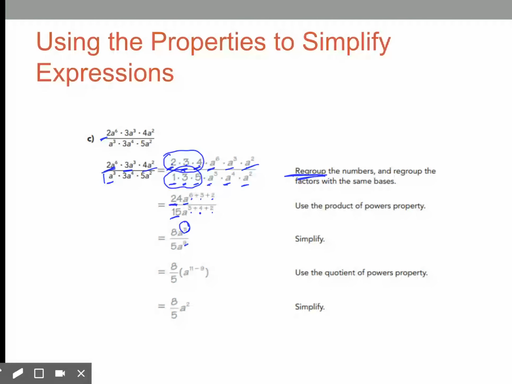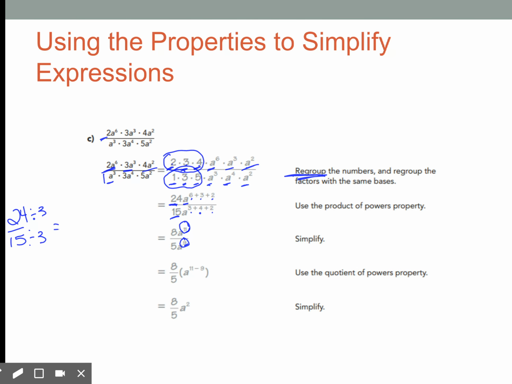In this example, they don't explain it very well, but they started to simplify the fraction, the numbers 24 and 15 already, by dividing 24 and 15 both by the greatest common factor, which in this case is 3.